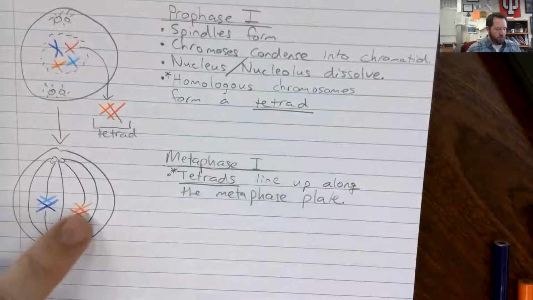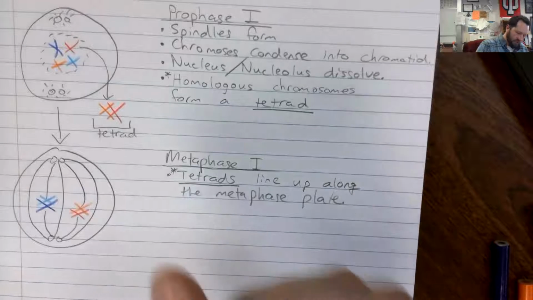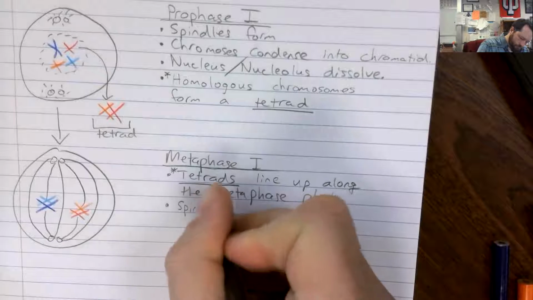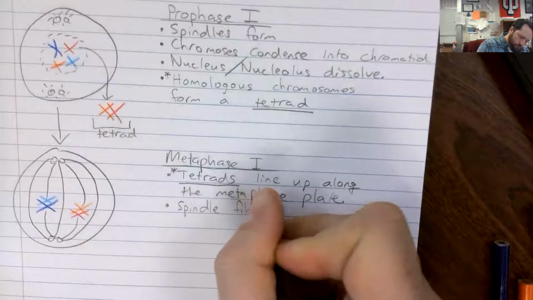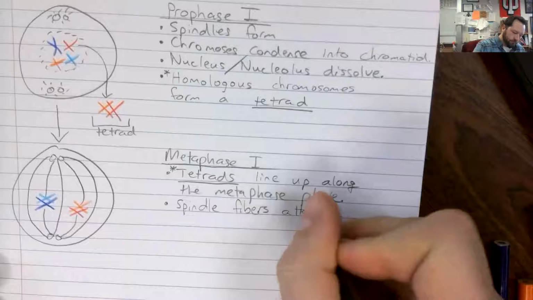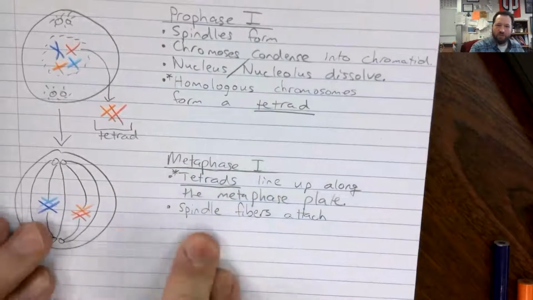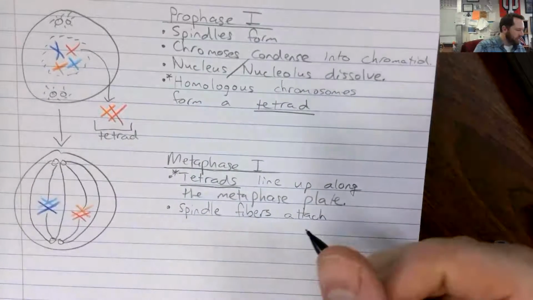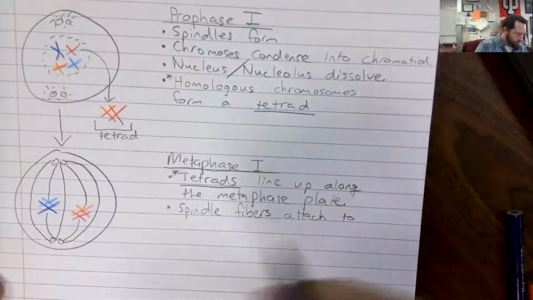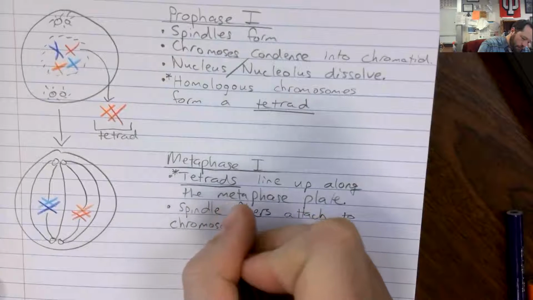And we've got those tetrads lining up. Kind of out of order here. Probably should have had this occur first because it's actually the spindle fibers that are pulling those tetrads around.